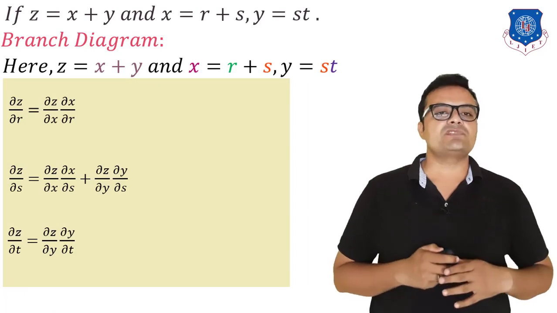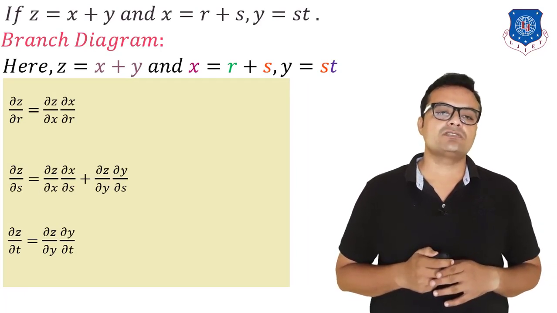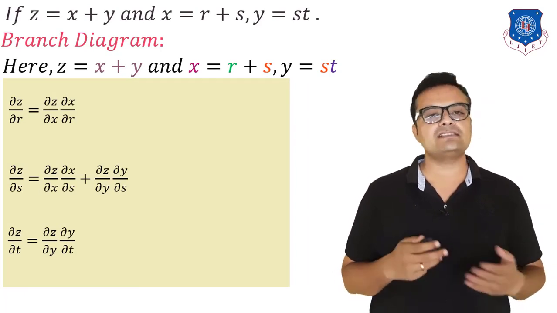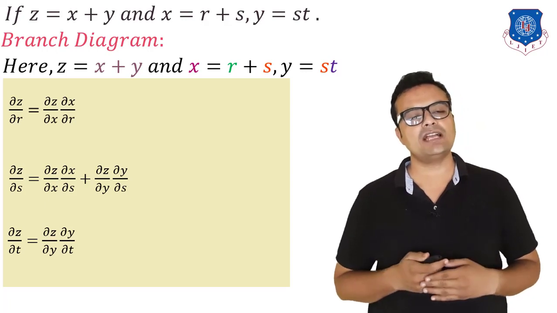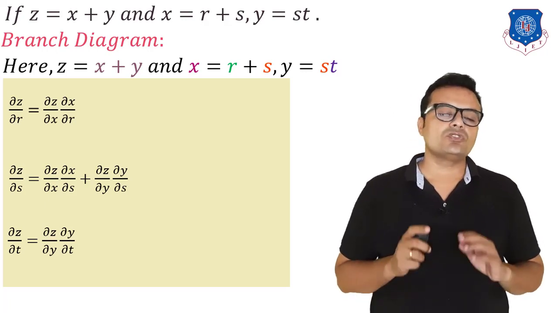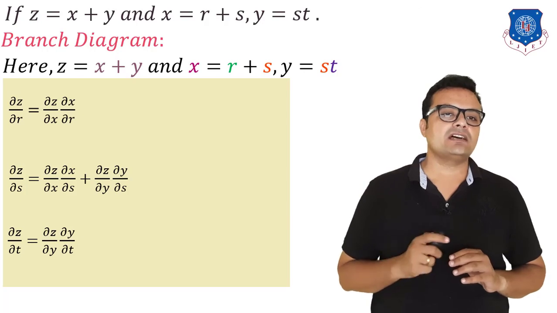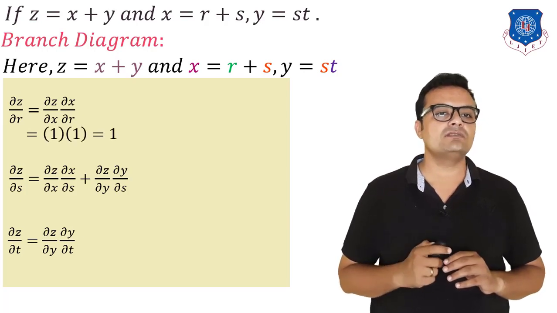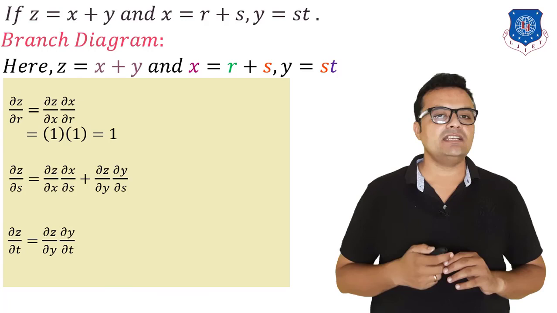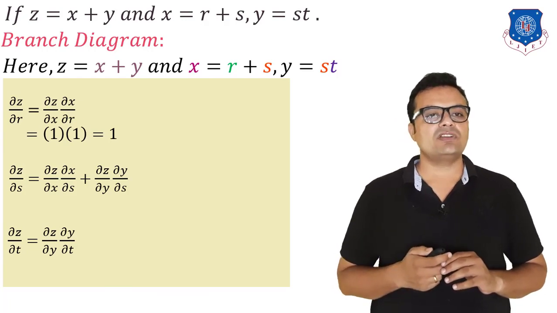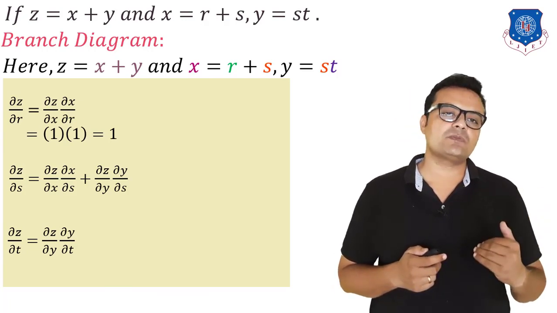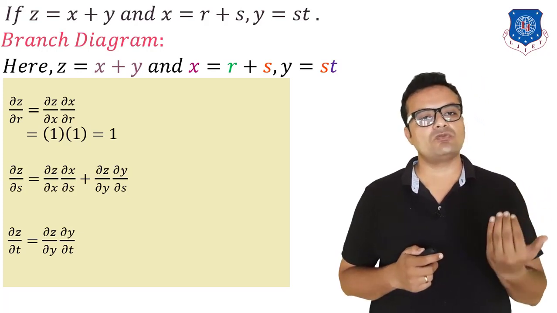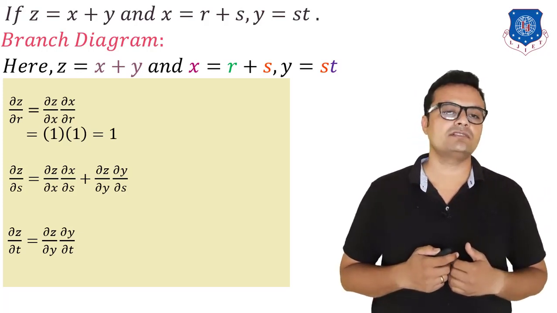To understand the same situation, let me take one example. So z is given by x plus y, x is equal to r plus s, and y equal to s into t. So the first component del z by del r will be 1 into 1, because z is equal to x plus y, x equal to r plus s. If I take the partial derivative of z with respect to x, it is 1, and the partial derivative of x with respect to r is also 1.